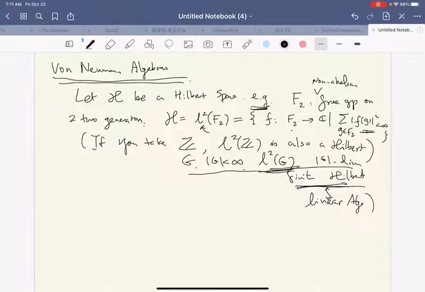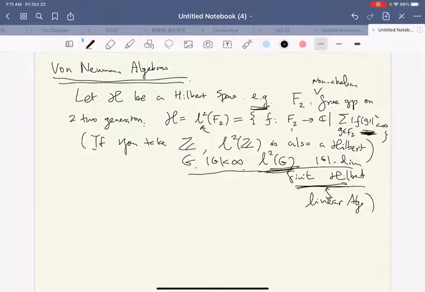This function assigns to every element in the group a complex number. In general, you get an infinite number of non-zero elements, and you require that this sequence is not arbitrary; it's bounded. If you take the absolute value squared and add it up, it's going to be a finite number. So this is a constraint there.